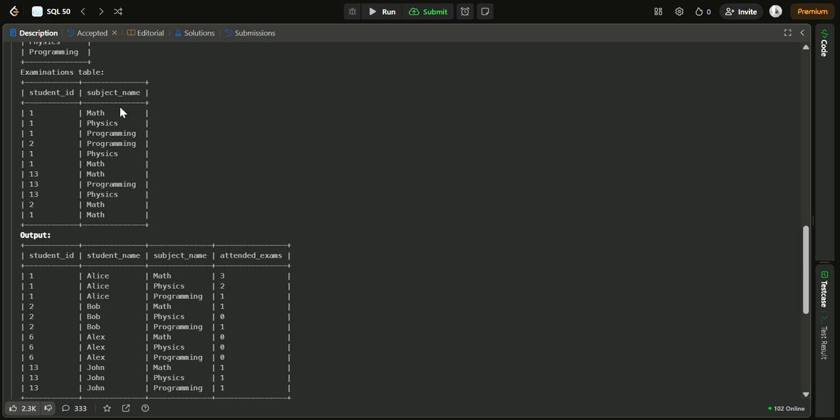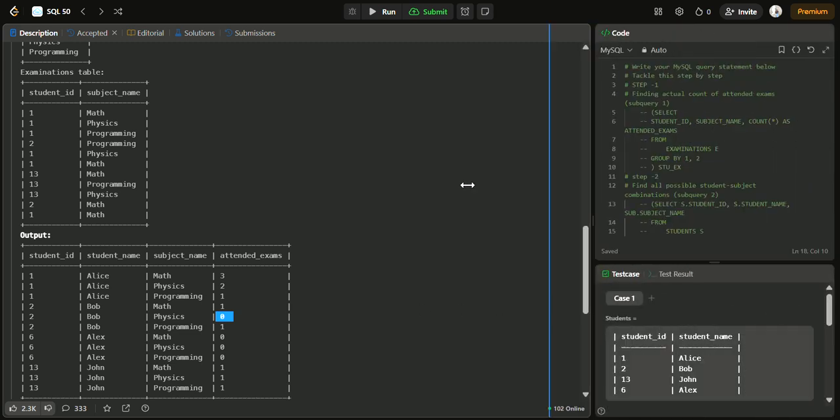And for all the other, it will be actually count of star. So this information is important because this is how you also need to make the joins and make it in the proper order so that you are getting this 0 when the student did not take exam for a particular subject.